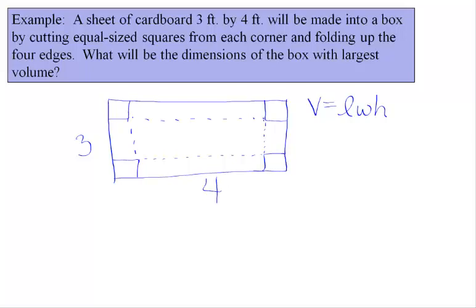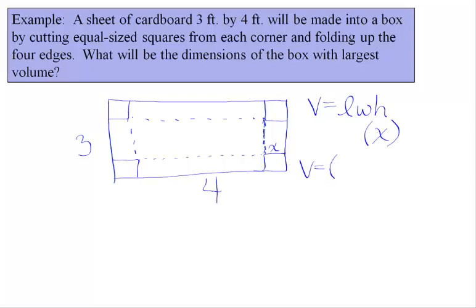We're cutting equal-sized squares from each corner and folding up the 4 edges, and then we want to maximize that volume. So I'm going to call that cut that's coming out of there X. I like X. X makes me comfortable. I notice that once this fold has been made, the height is actually going to be X. So that's helpful.